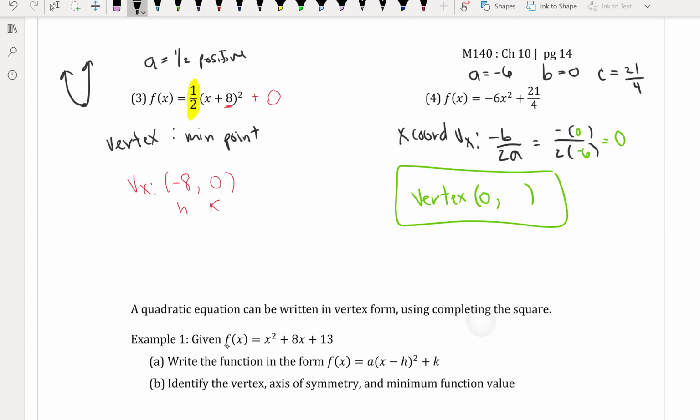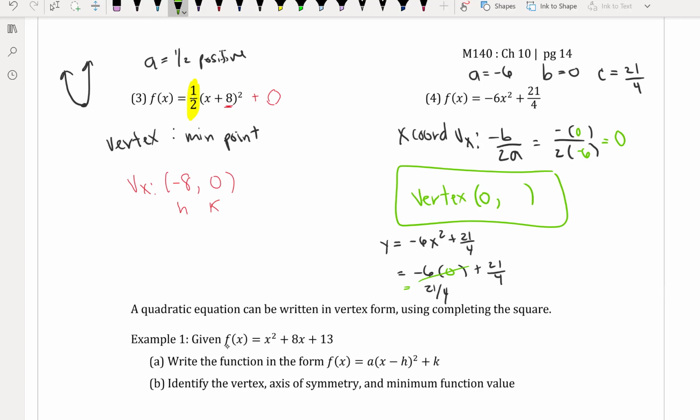I'm going to get that by plugging it into my original equation. So remember, I have that y is equal to -6x squared plus 21/4. And that value that I'm plugging in is 0. So 0 times anything is just 0. That just cancels out. So I'm left with that 21/4.